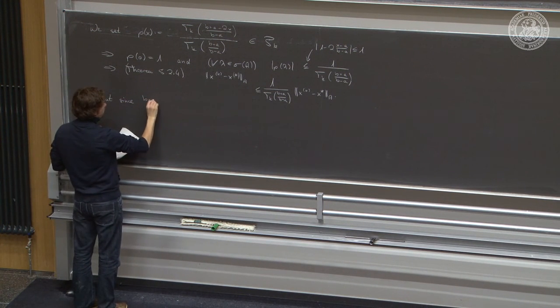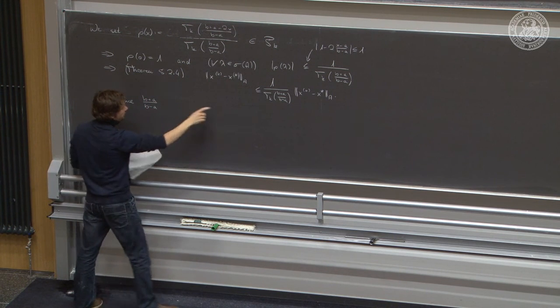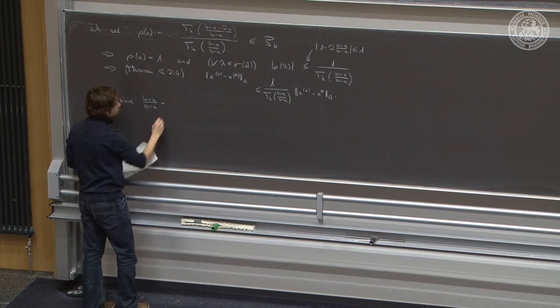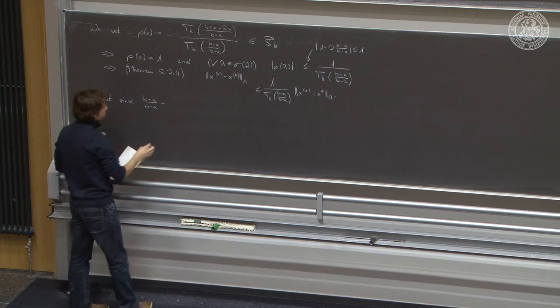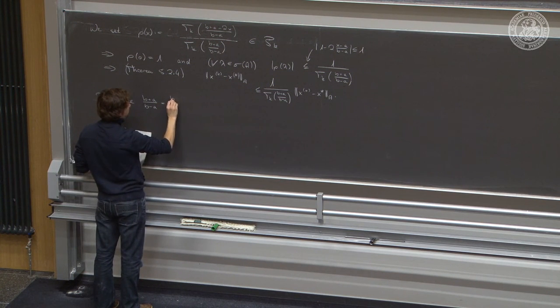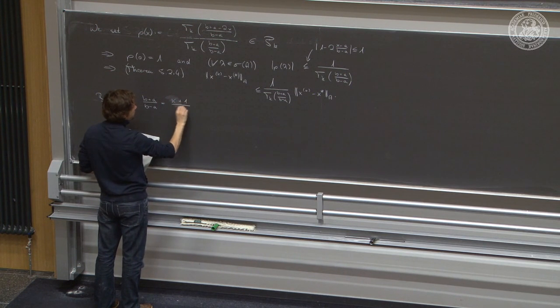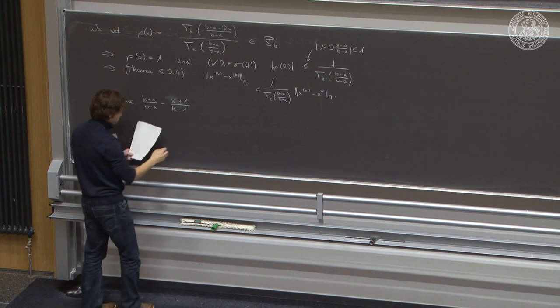Of course, the argument (B plus A) divided by (B minus A): if we cancel A, we have B over A plus 1, but this is nothing but the spectral condition number, so (kappa plus 1) divided by (kappa minus 1).